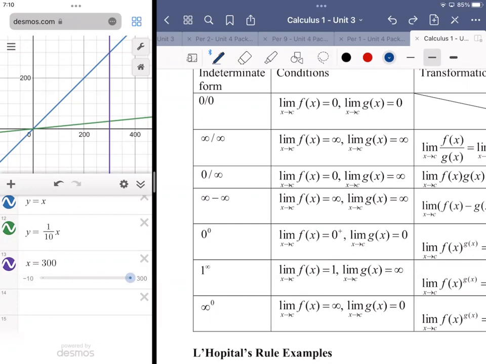0 to the 0th. When we say anything to the 0th power is equal to 1, that's a strange thing to begin with. So when we say 0 to the 0th power, that even makes things stranger, right?